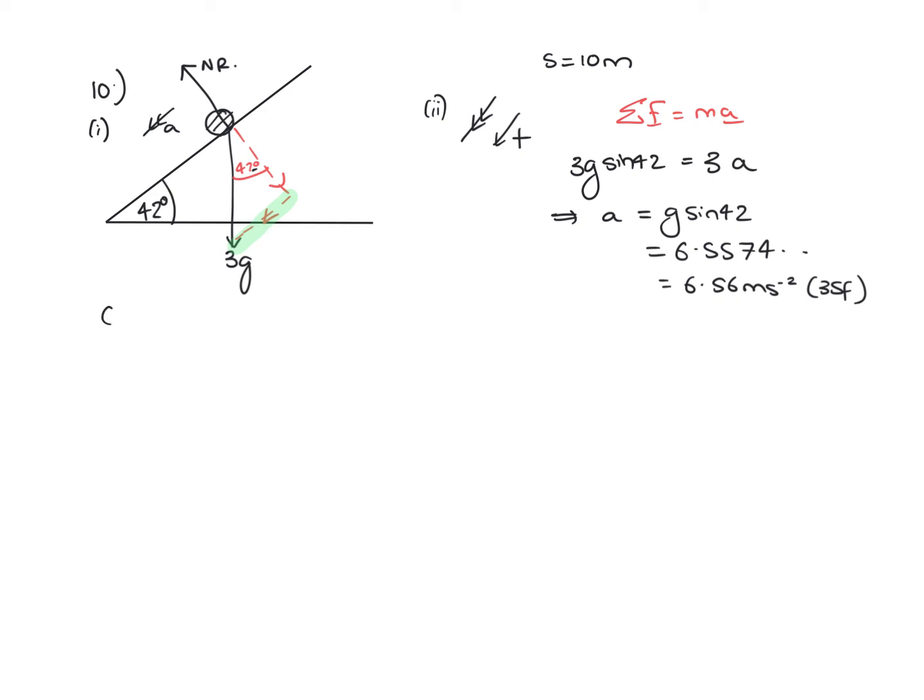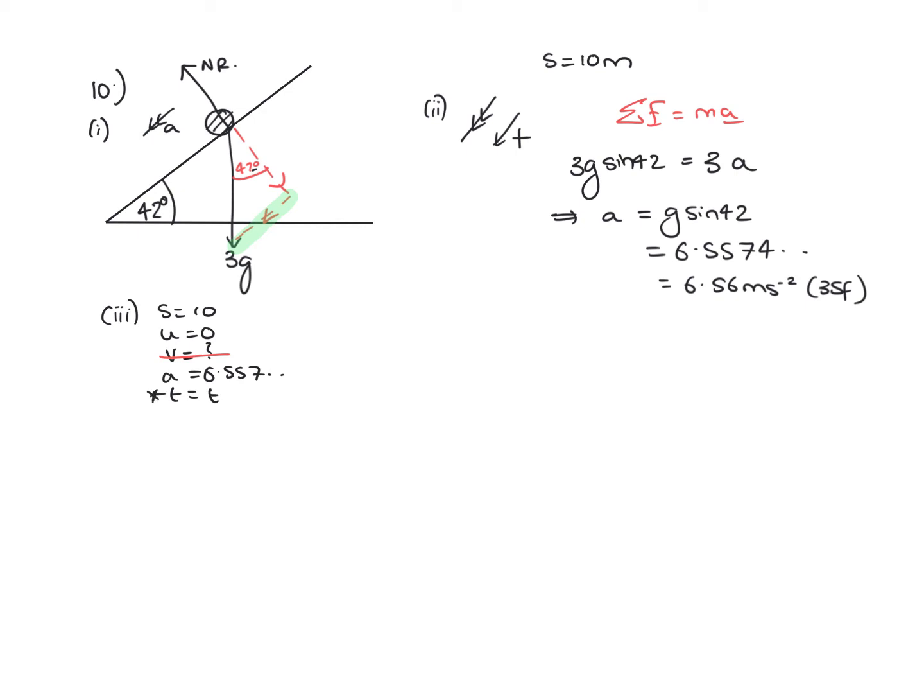So part 3 says find the time taken for the brick to hit the ground. We know S equals 10, U equals 0 if it starts from rest, V is a question mark, and actually we don't need to find it out. Acceleration we've just calculated, and T is what we are looking for.